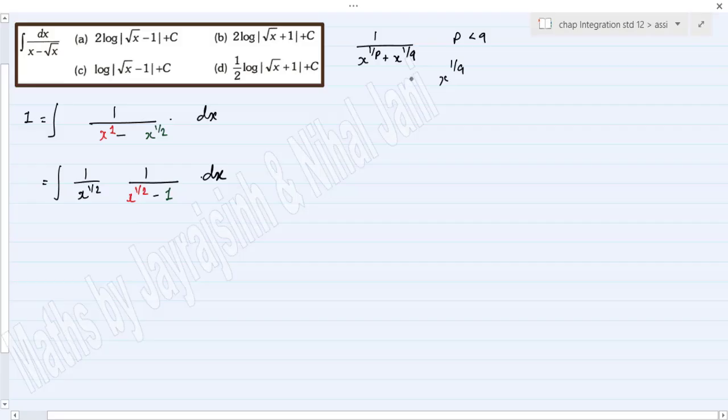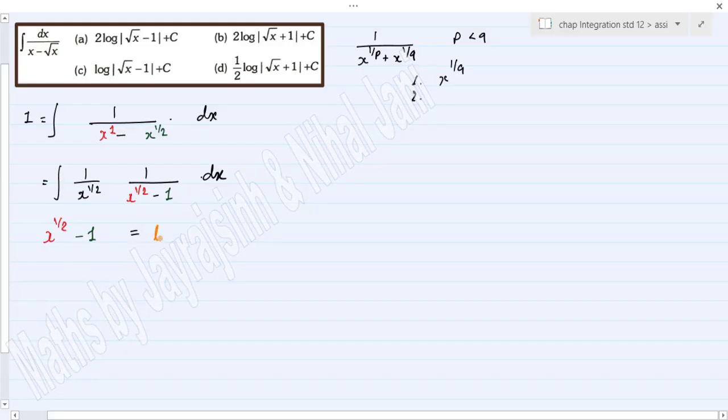Now, in second step, we have to assume this x raised to 1 by 2 minus 1 is equal to t. So let's assume x raised to 1 by 2 minus 1 is equal to t.